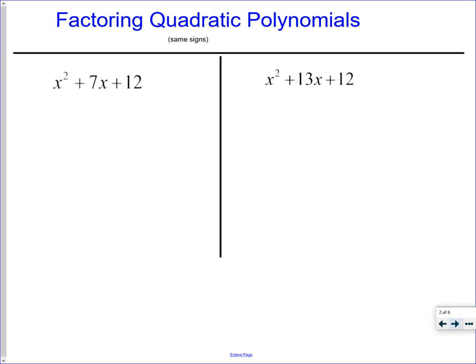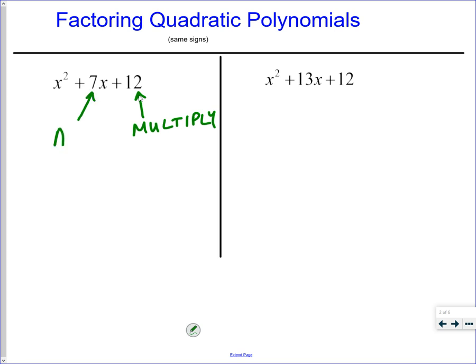So what we're going to be doing today, as I already said, is taking trinomials and factoring them into binomials. We are undoing FOILing. What I need to do is find numbers that will multiply to be the 12. And since they're the same signs, we're only going to have to worry about adding today.